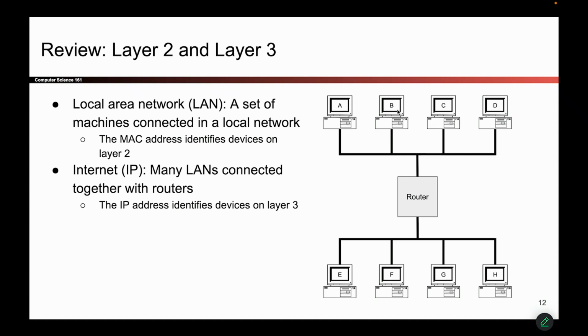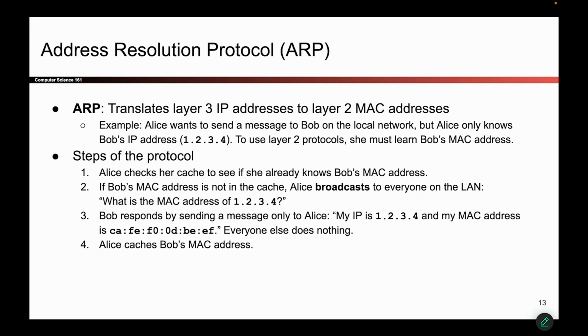But they're not so useful at layer 2, where we need these hard-coded MAC addresses. Now, exactly why we need both of these is a little bit beyond the scope of this class. But the punchline is that layer 2 identifies devices using MAC addresses, and layer 3 identifies devices using IP addresses. So in other words, there are two different addressing systems.